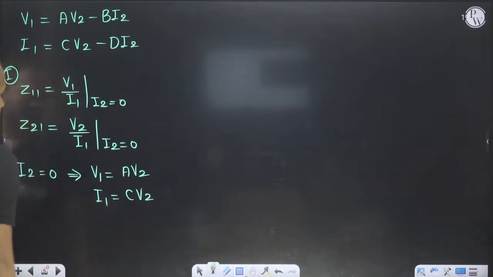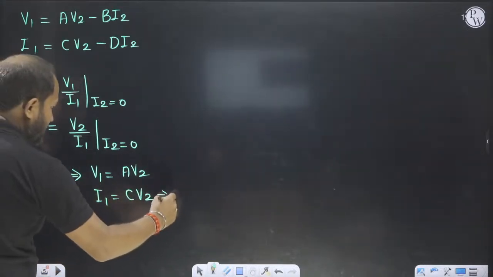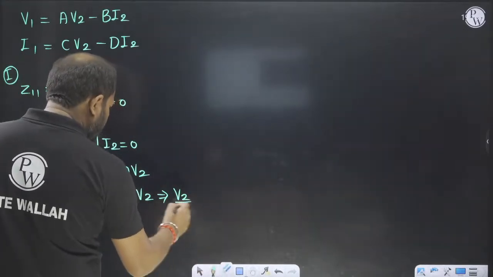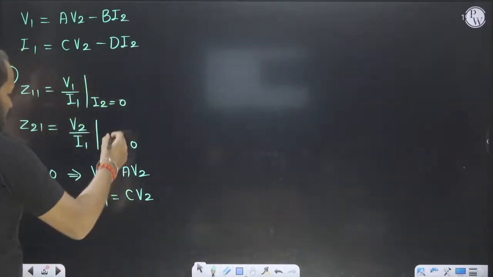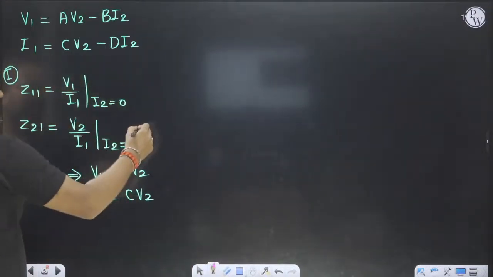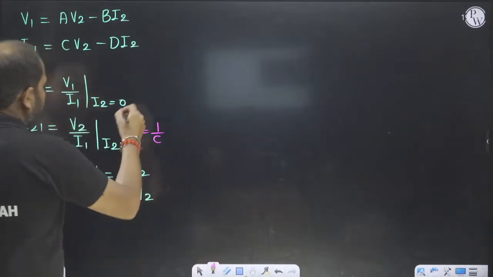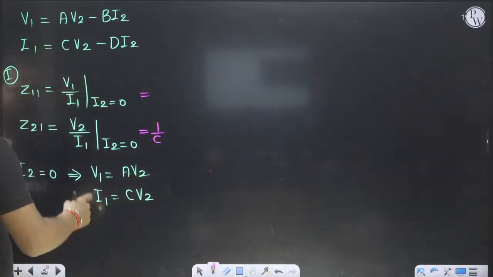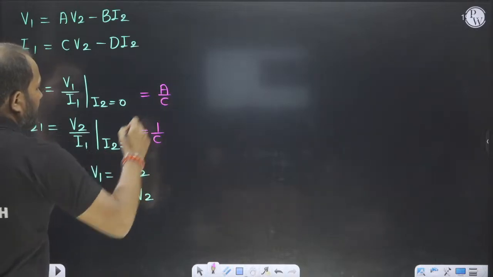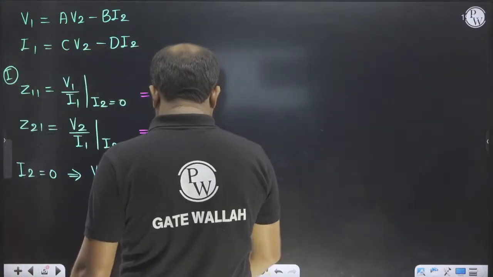So V2 by I1 is 1 by C. From here you can see that V2 by I1 is 1 by C, and V1 by I1 is A by C.